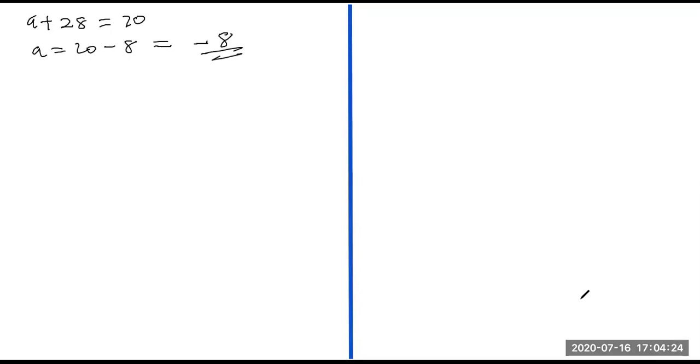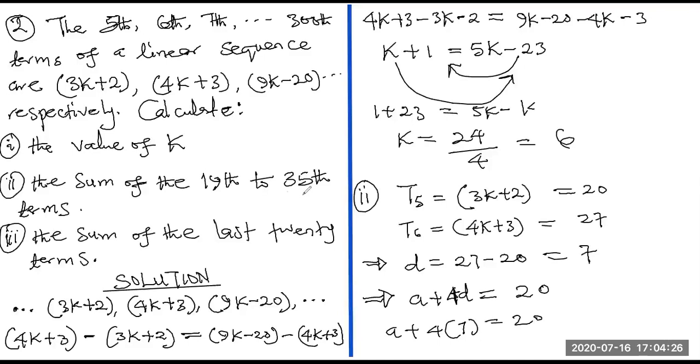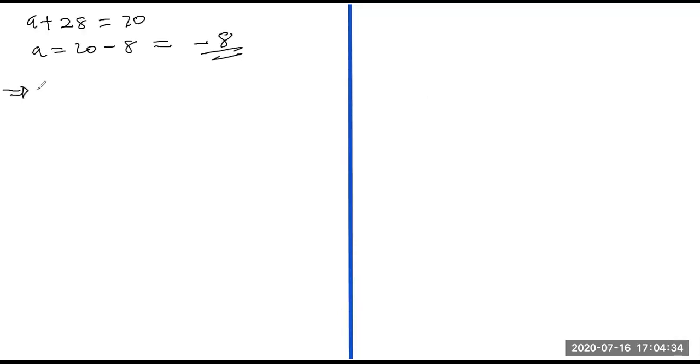So what are we asked to find in the question? In the question, we're asked to find the sum of the 19th to the 35th terms. So we use the principle I just explained. That implies that if I'm doing from the 19th term to the 35th term, the 19th term will serve as the pseudo first term from which we're now adding to the 35th term. So we need to find that pseudo first term, which is the 19th term.